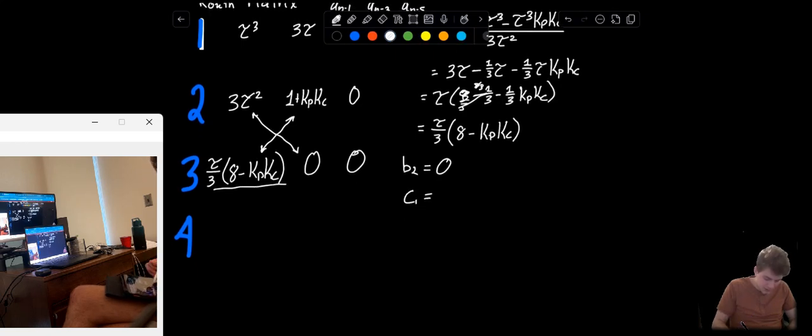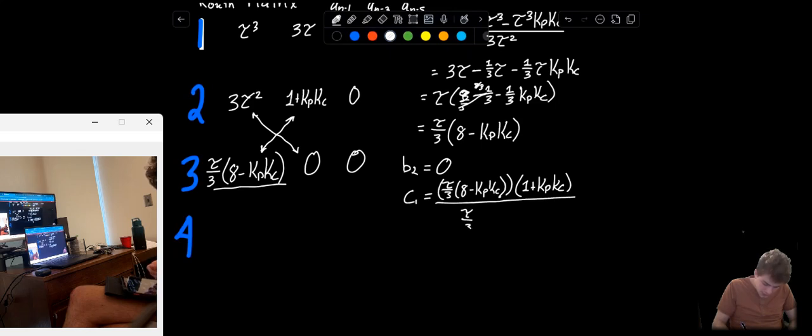So for c1, we have tau over 3 times 8 minus kp kc times 1 plus kp kc, all over tau over 3, 8 minus kp kc. Obviously, we can see that this term will cancel, and we're left with 1 plus kp kc.